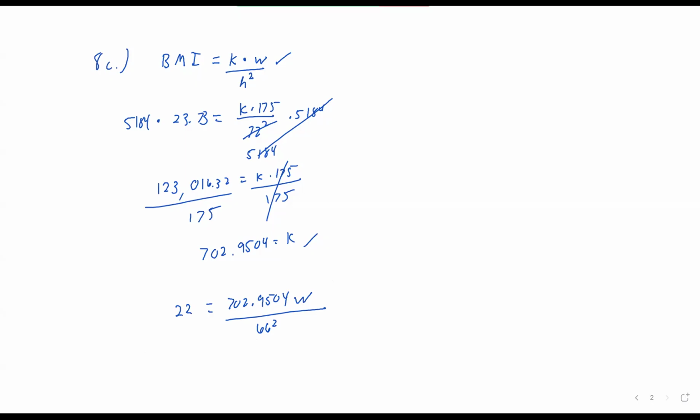So now I can solve for W. All right, so that's going to be 66 times 66, which is 4,356. Multiply that by both sides. And so now what I'll do is I'm going to multiply that by 22, and I get 95,832 equals 702.9504 times W. And then now I'll divide that.